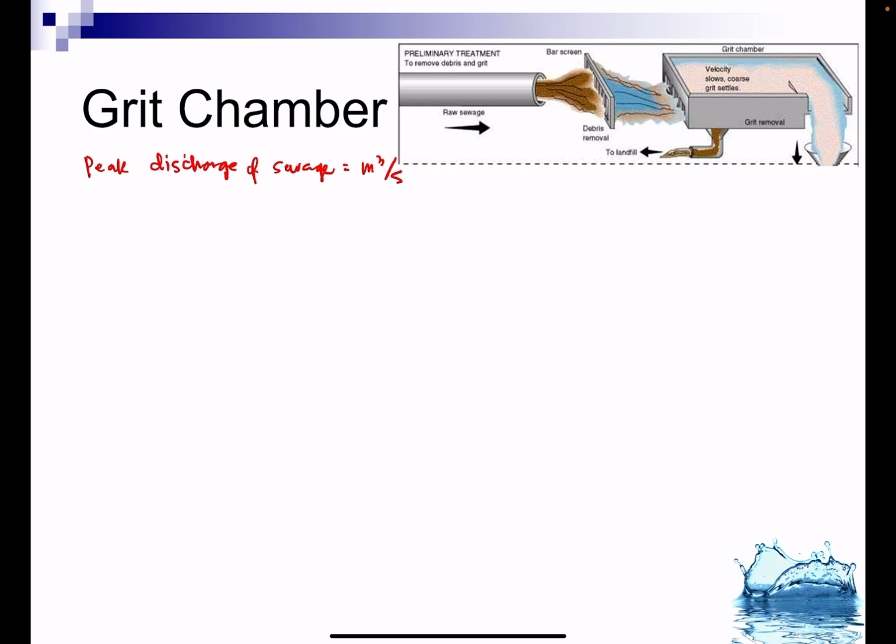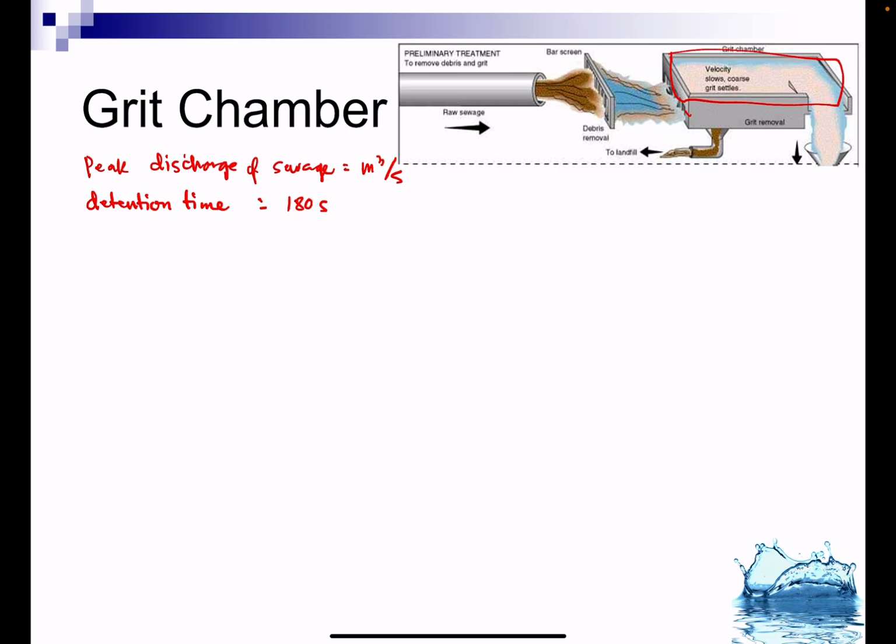You now assume another detention time, the detention time of your wastewater inside your grit chamber. Say your assumed detention time is 3 minutes. So, 3 minutes is actually 180 seconds.